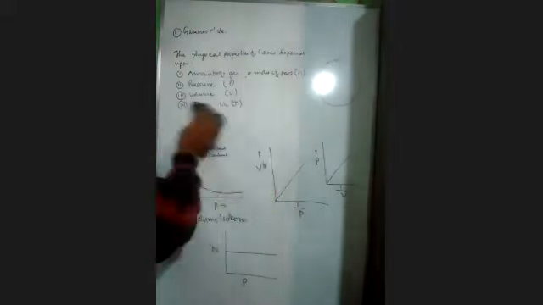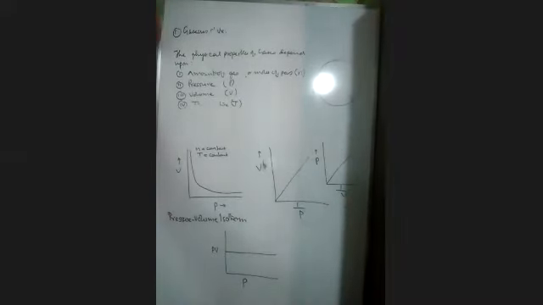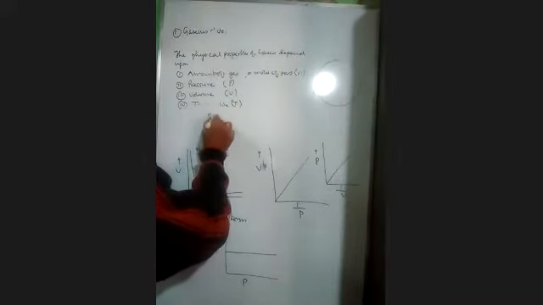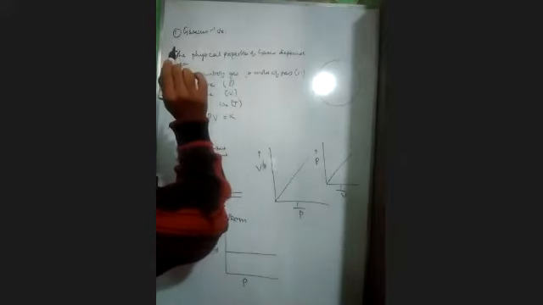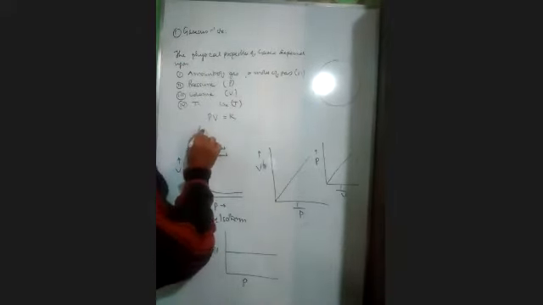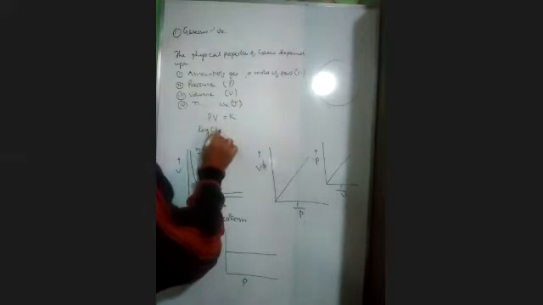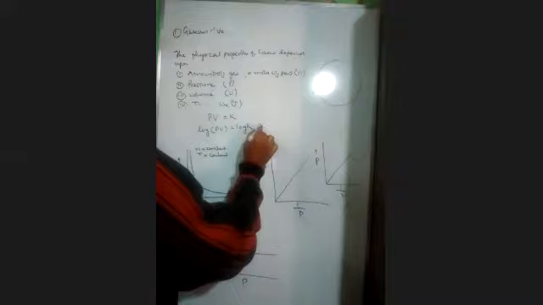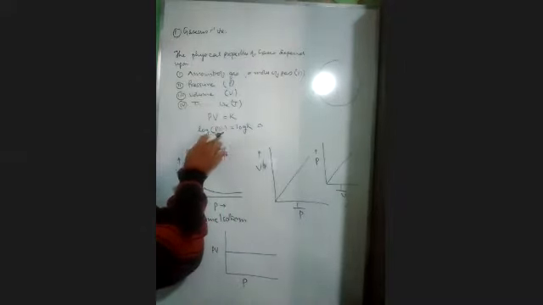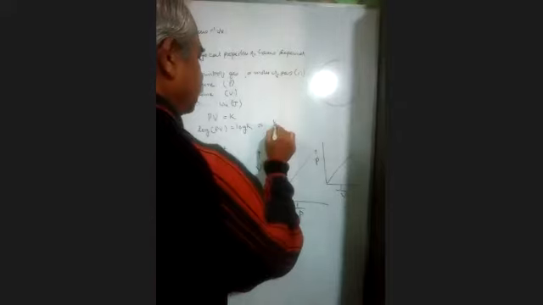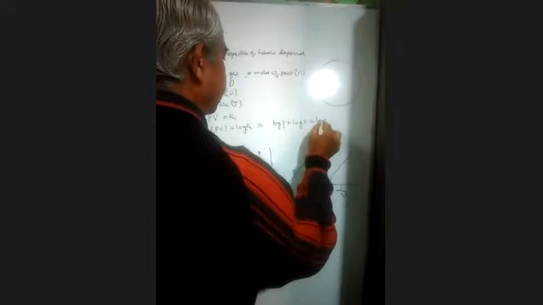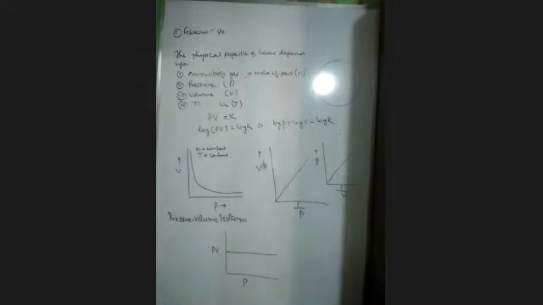Now, dear, I'd like to tell you one thing. I don't know whether you have any idea of logs. See, we say here PV is equal to K. If I take logarithm on both sides, then log PV is equal to log K. When you take the logarithm of a product, you will find log P plus log V is equal to log K. All right.